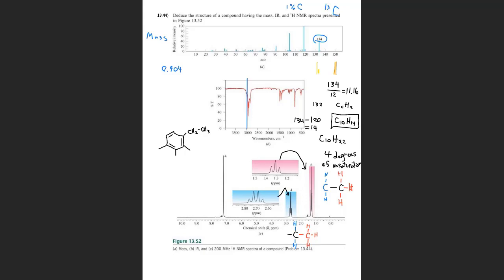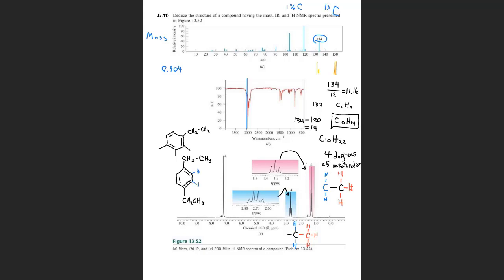And so let's draw what that would look like. If I have a CH2CH3 here, and a CH2CH3 here, I have 2 identical groups opposite to one another, and then I have these 4 hydrogens coming out of the benzene ring.